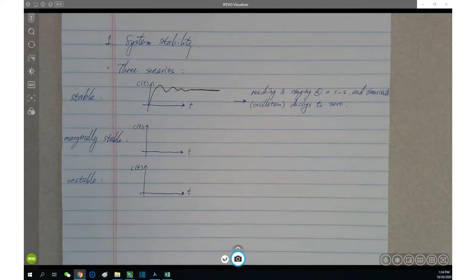Once again, it takes a different amount of time. It might be very long for you to reach that steady state, or it might take a very short time. However, the transient oscillation eventually always decays to 0. This is what a stable system output looks like.